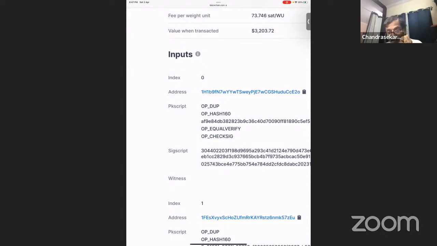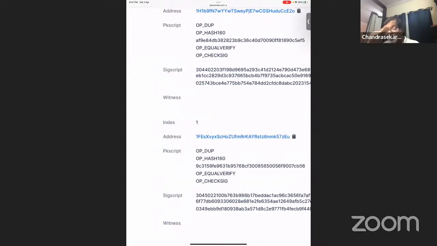This is called the PK script, right? Public key script. All PK scripts will have the same format.